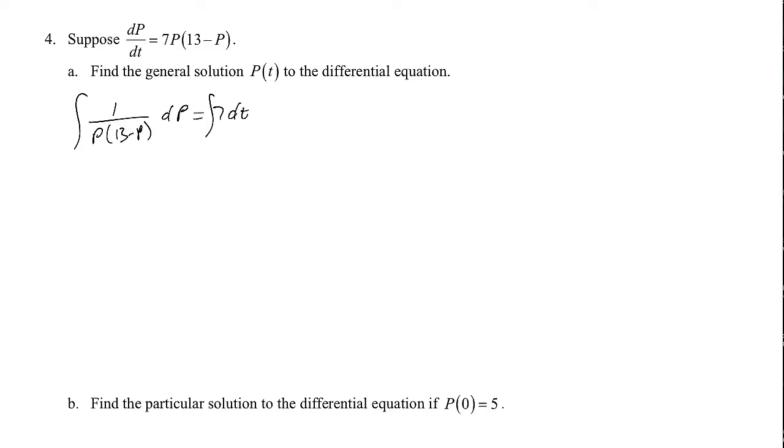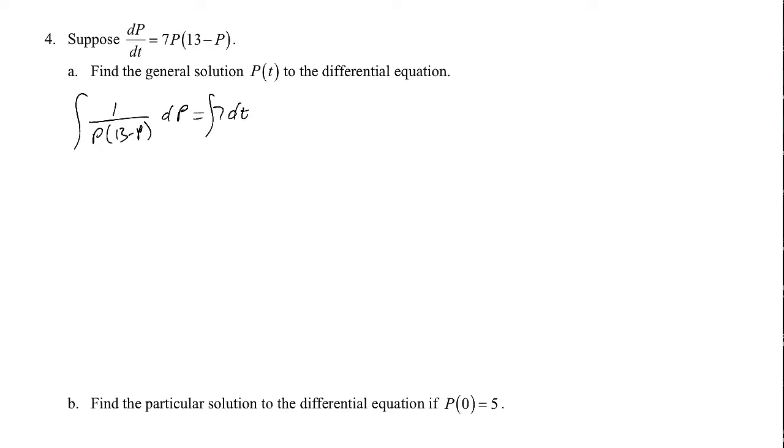That one's pretty straightforward. Then if I multiply over the 13, just to make this easier, this will come out as ln absolute value of p minus ln absolute value of 13 minus p equals 91t plus c. This is negative because that p is negative inside there.